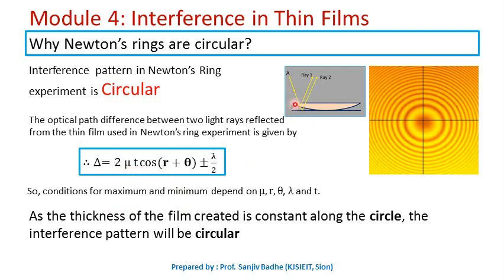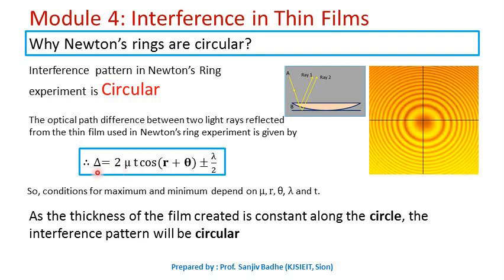And if we are keeping a spherical surface on the plane surface, then the nature of the thin film which is formed between the two surfaces will be such that the thickness of the film will be constant along the circle. And as the thickness of the film is constant along the circle, optical path difference will be constant along the circle.